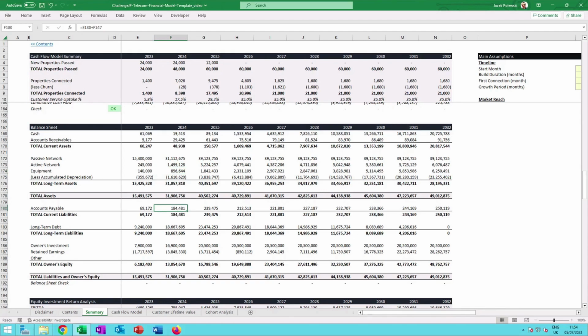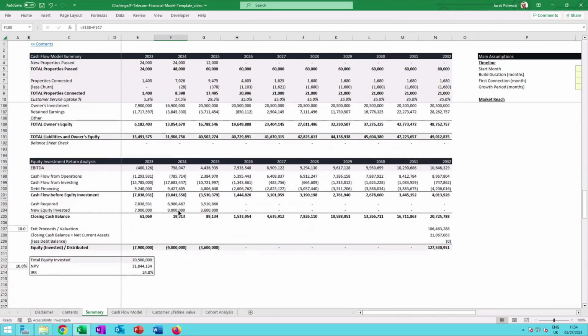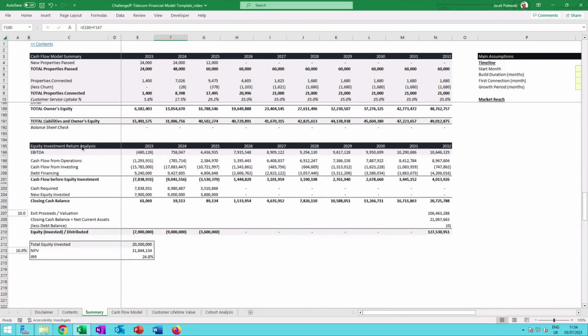And then lastly, last but not least, I also have the equity investment return analysis here. So this table allows you to estimate the level of equity that your business plan needs, and also the returns that you can expect from the plan, assuming a certain valuation.